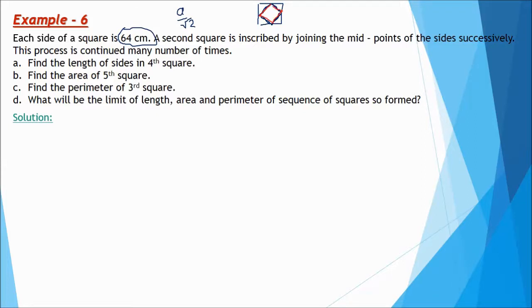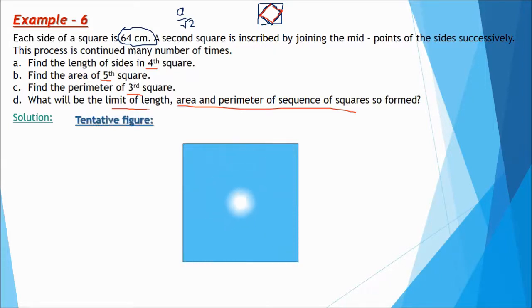Now, the length of the fourth square we can find, the length of the fifth square also, the perimeter of the third, the area of the fifth, and finally we have to find the limit. We can easily do this because we have already done one question. Now tentative figure means a rough figure, not a perfect figure. We have drawn this tentatively.